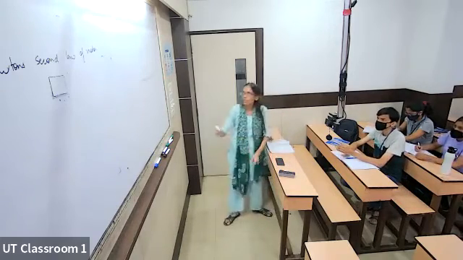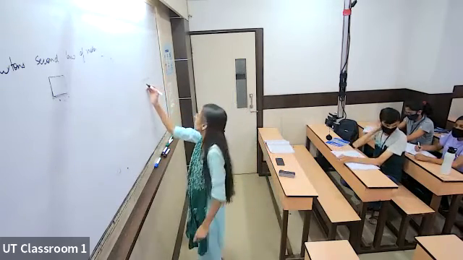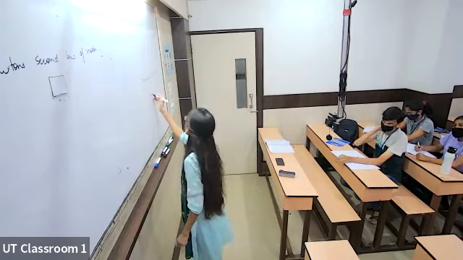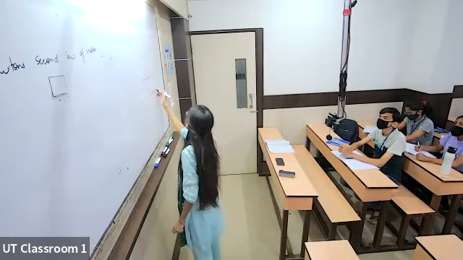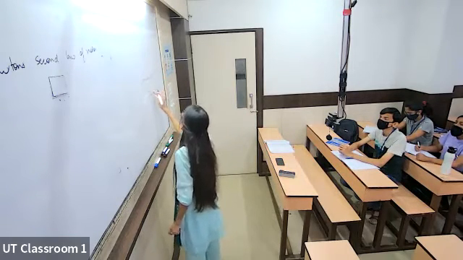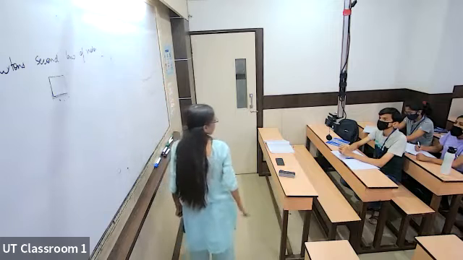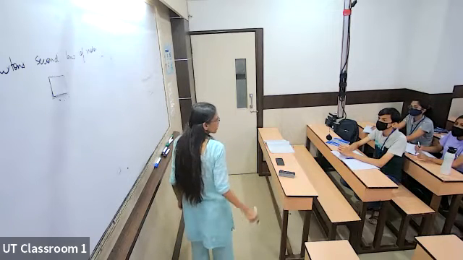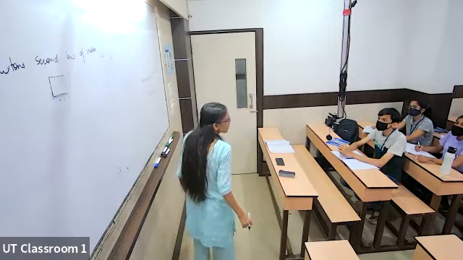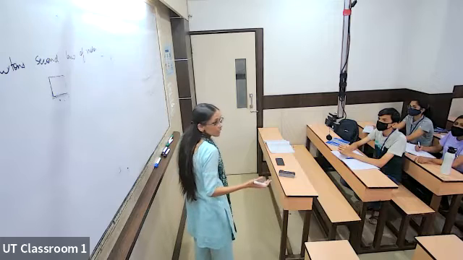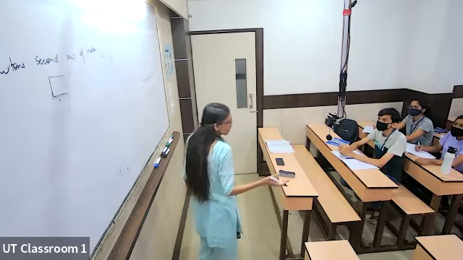Okay? And first, say what is the SI unit of momentum? We all know what the SI unit of mass is. What is the SI unit for mass? We measure mass in grams.